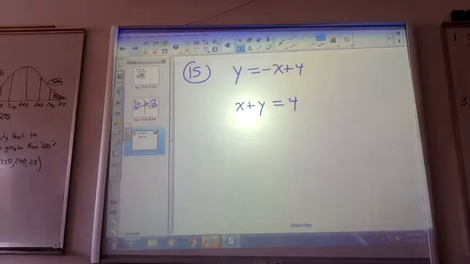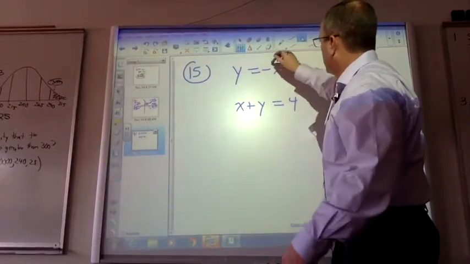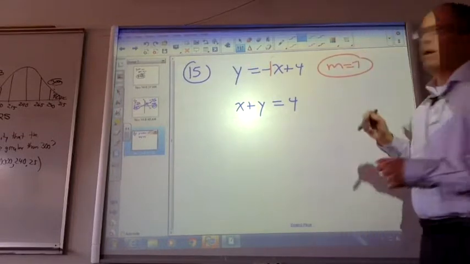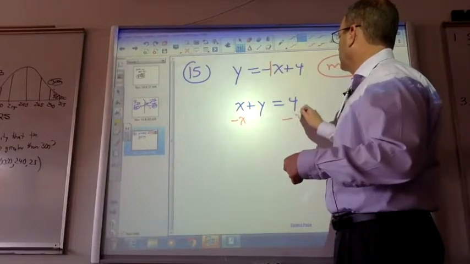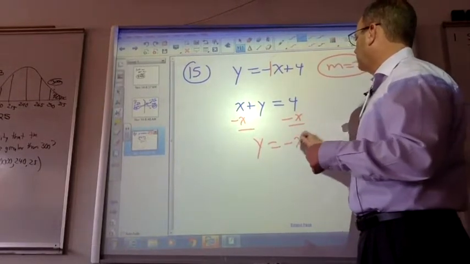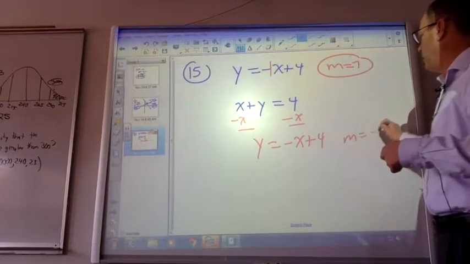But if you wanted to answer this without graphing, we know the slope of this equation is negative 1. Is that okay? So then if I solve this one, I'm going to wind up with y equals negative x plus 4. So the slope of this one is also negative 1.